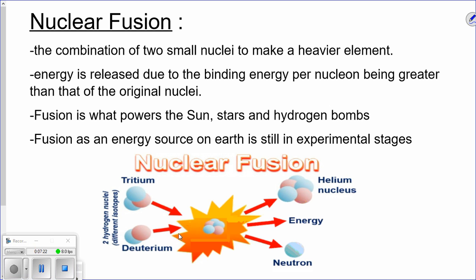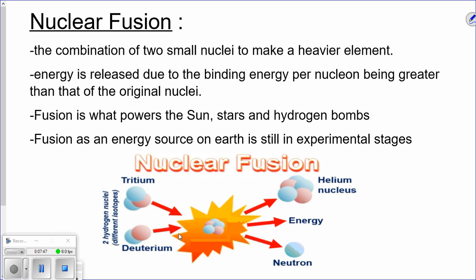So nuclear fusion is easier to remember because fusion is like we are fusing two things together. So the combination of two small nuclei to make a heavier element. The energy that's released is due to the binding energy per nucleon, which is something from the next section, because the binding energy per nucleon is greater than that of the original nuclei.